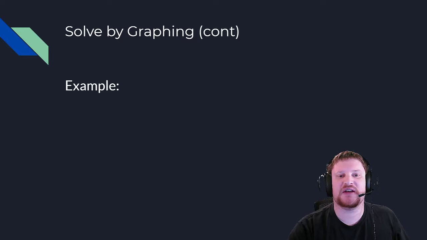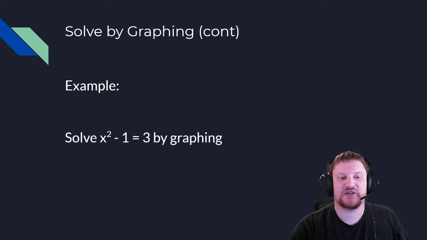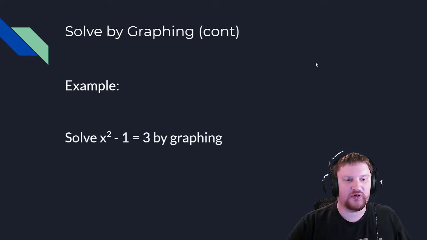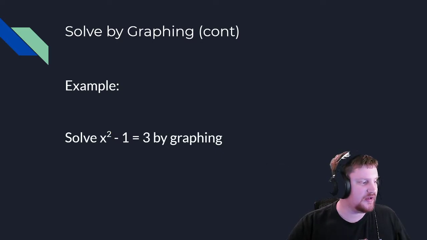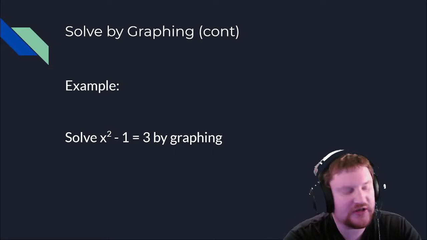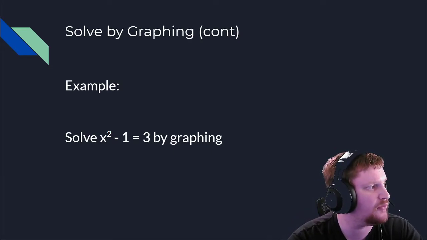So let's take a look at an example. In this case, we're going to want to solve x squared minus 1 equals 3, but we're going to do it by graphing. So first thing you need to do is go to Desmos.